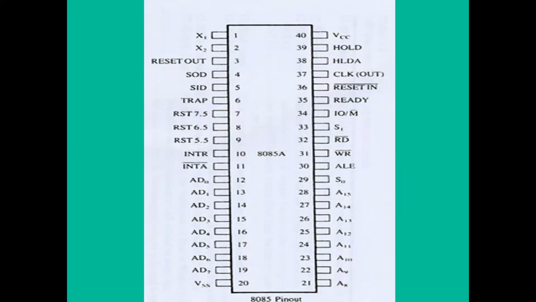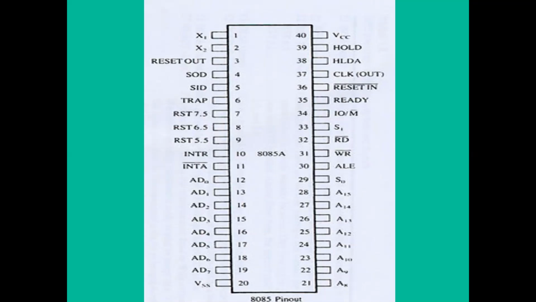Okay, the next are read bar and write bar, pin number 32 and pin number 31. Read bar is an active low signal that indicates the data is to be read from the selected memory or input device through the data bus.